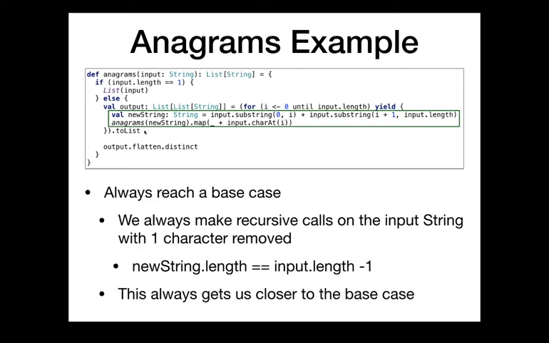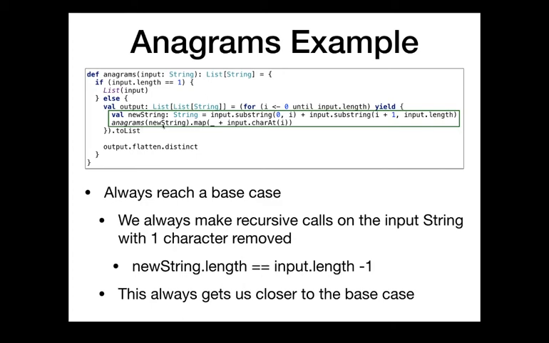If I ever made it to anagrams, this call right here, I have a length 2 or greater, and I'm going to subtract 1 from that before I make any recursive calls. So I'm always getting closer to a string of length 1 whenever I make a recursive call.